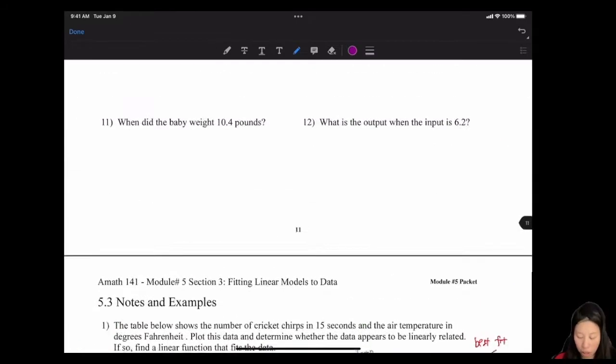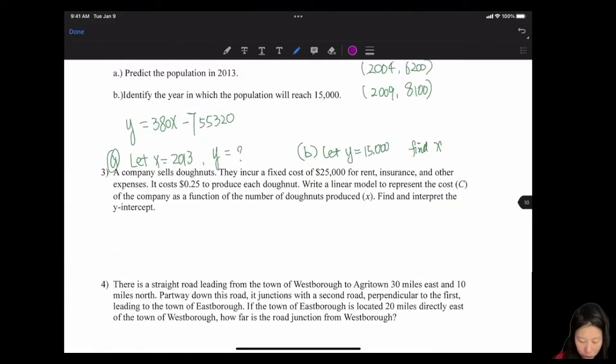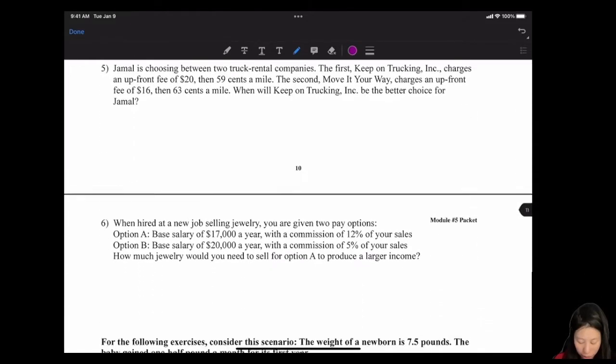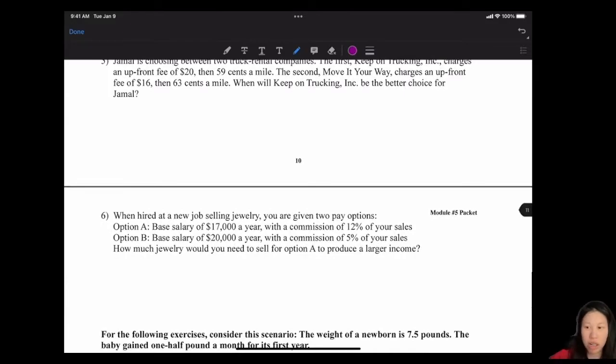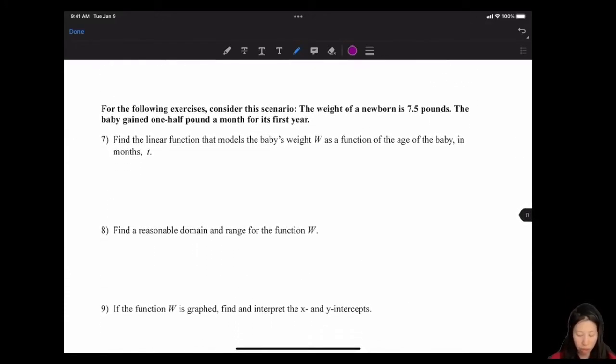If you've already done your exercise before, you will see one in the previous page. They say, for the following exercise, consider this scenario. The weight of a newborn baby is 7.5 pounds and the baby gained 1/2 pound a month for its first year. Think about what the model would look like.